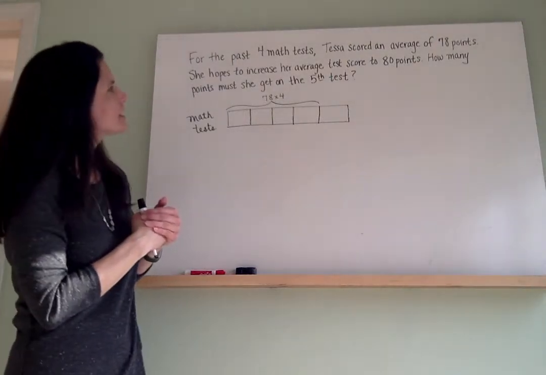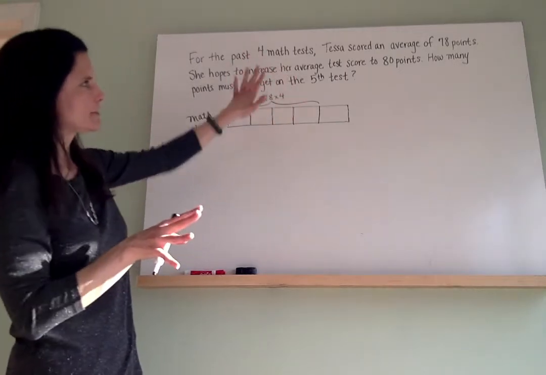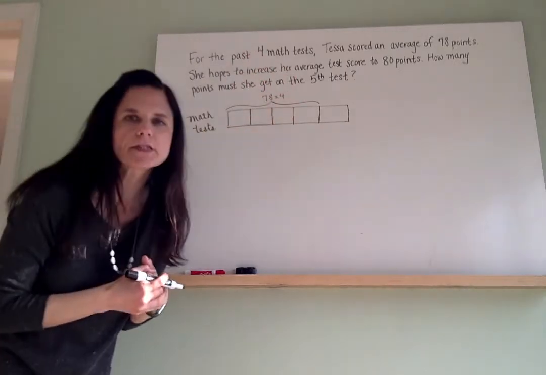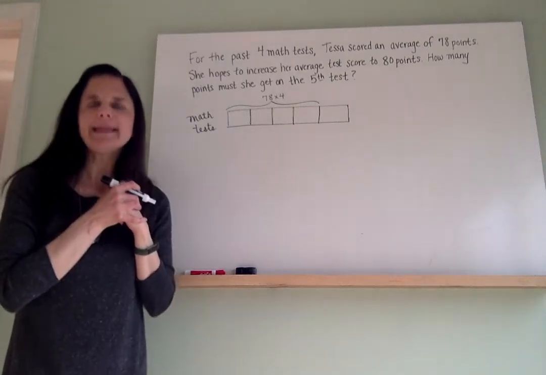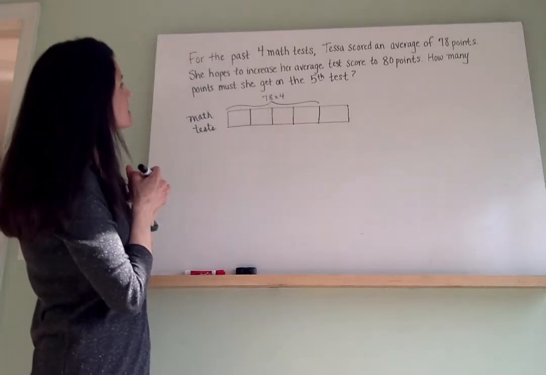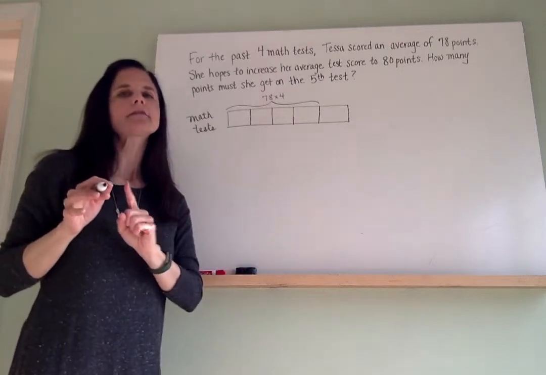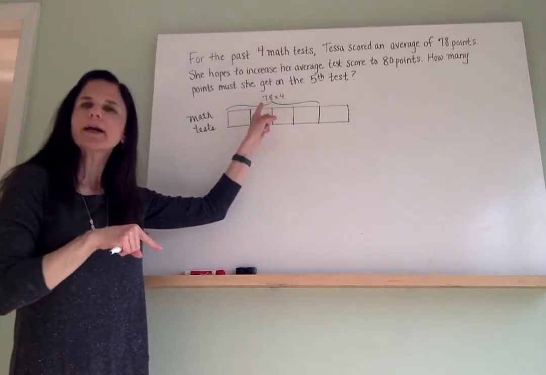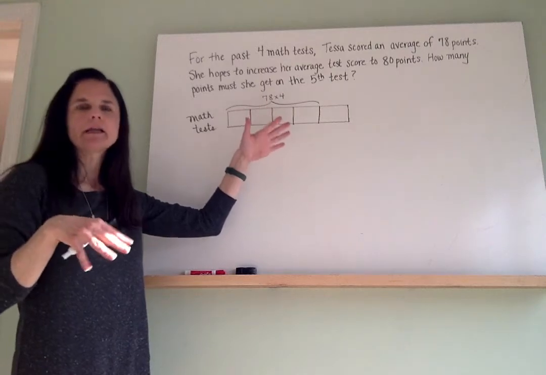And the question is, before we get to the question, let's go to the next piece of information. She hopes to increase her average test score to 80 points after she takes this 5th test. So she's got 1 more test, and right now her grade is 78 overall, and she wants to bring it up to 80.